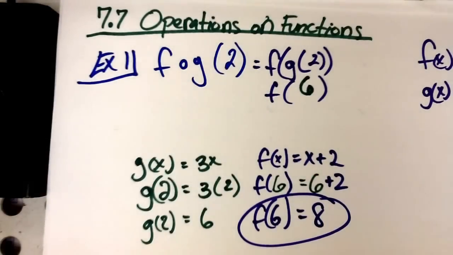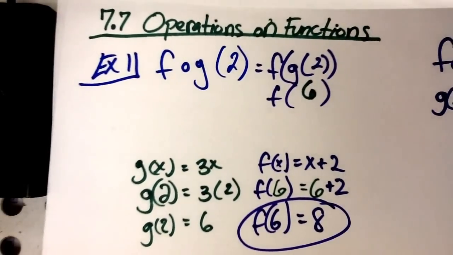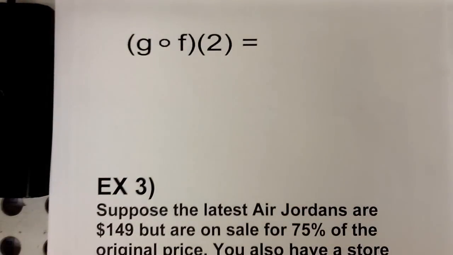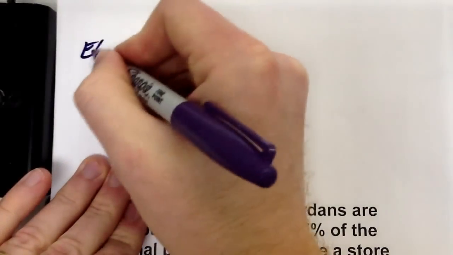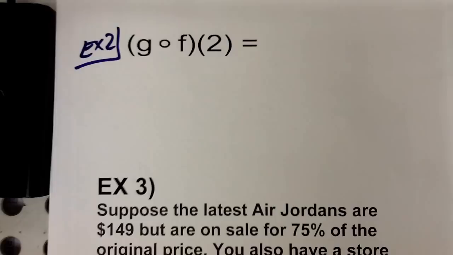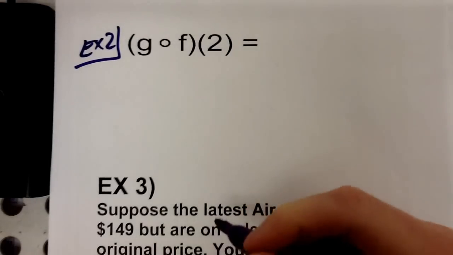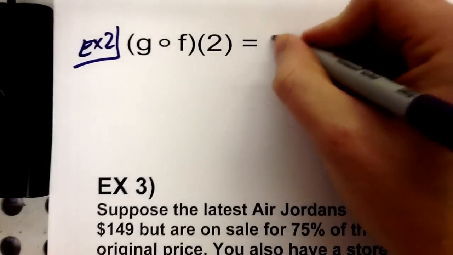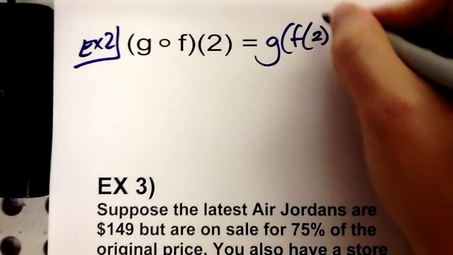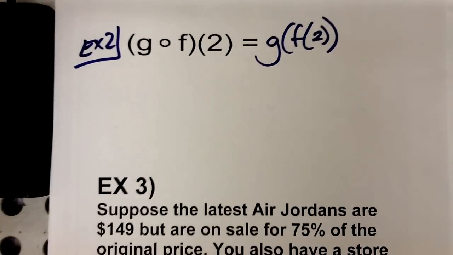All right. The next example will be the exact opposite of that. We'll find g of f of 2. It actually turns out to be a different answer. So we'll call this example 2. Probably again rewrite it, g of f of 2, and either off to the side or down below I would figure out what f of 2 is.